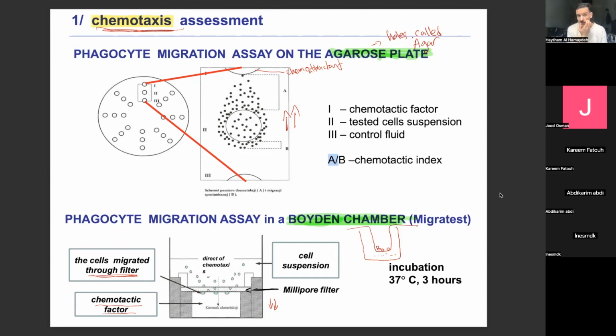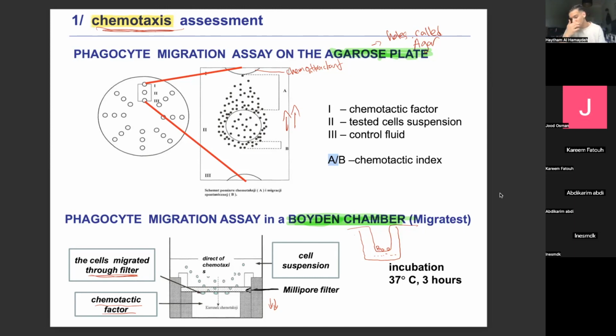Next is the Boyden chamber. The movement of the cells here is vertical, and the only difference from the above method is that there is a filter with pores narrower than the diameter of the cells, to detect the ability of the cells to pass and squeeze through a very tiny pore.